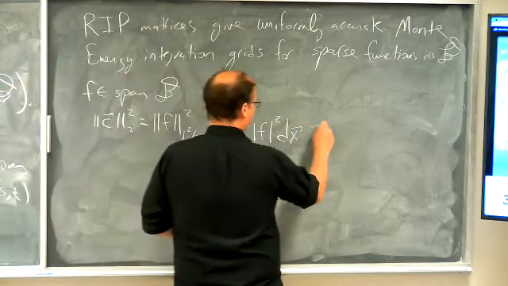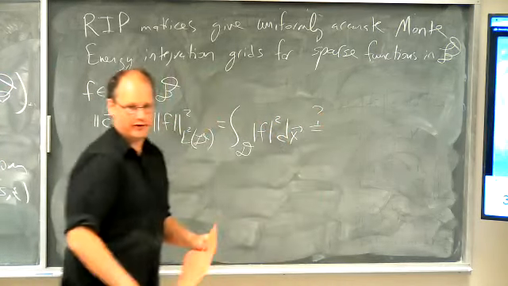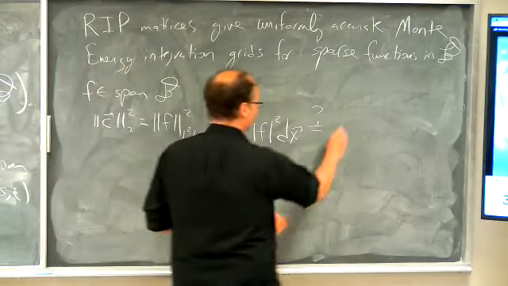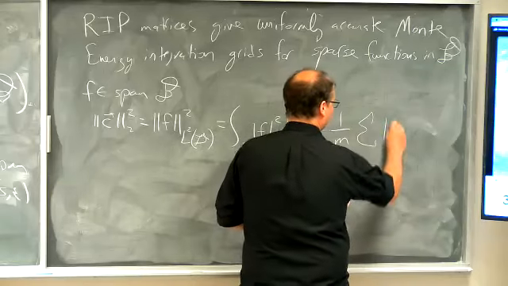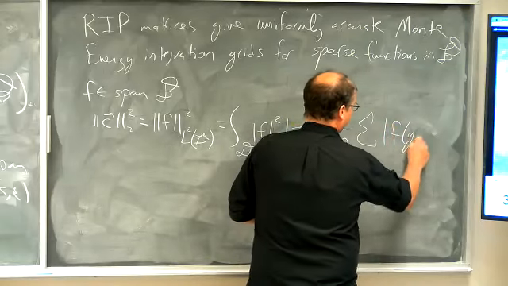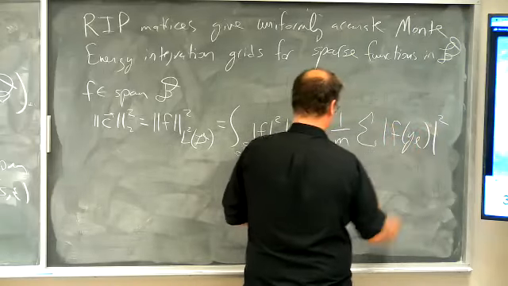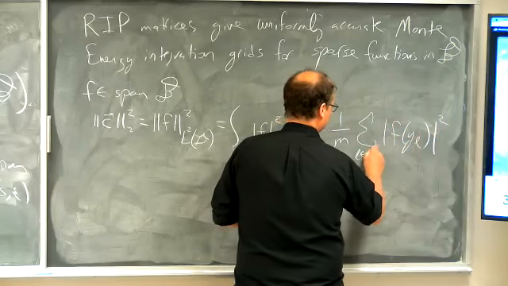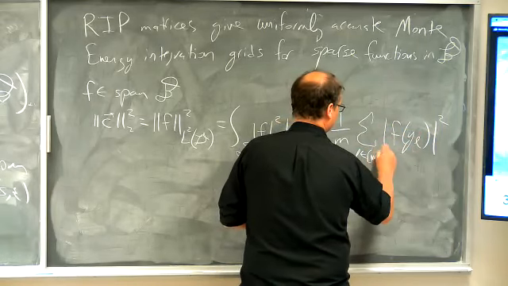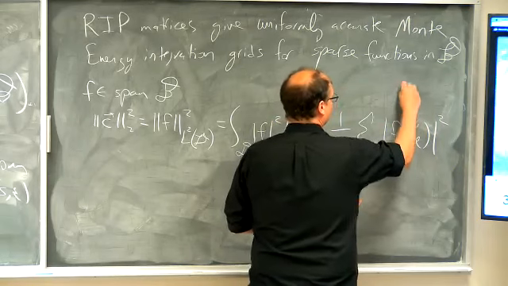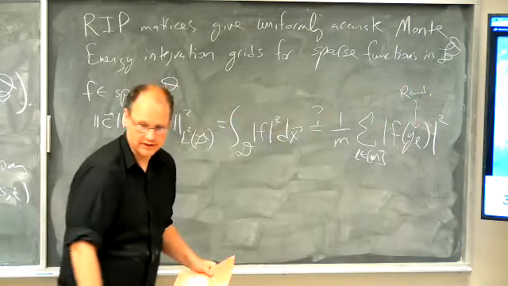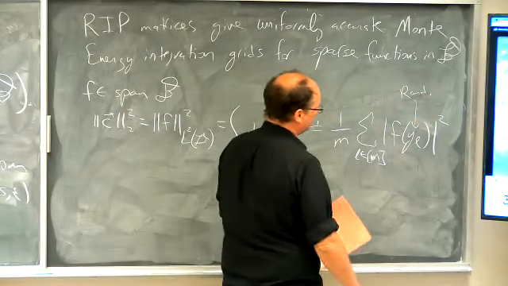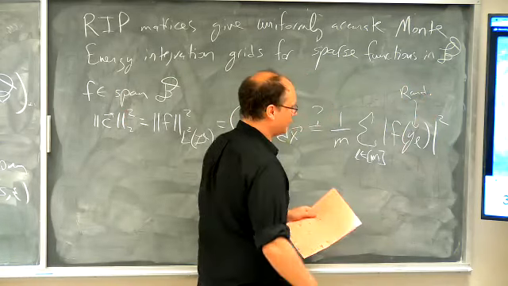And then you want to know whether for some random choice of grid points, this is going to be similar to my little random sampling based estimator for the energy. So these are my random samples that make up my RIP, my random sampling RIP matrix.